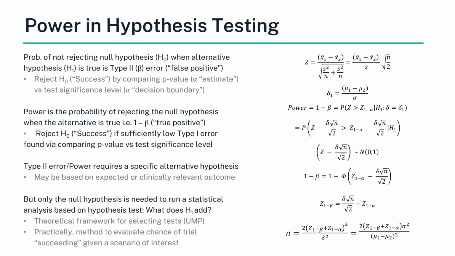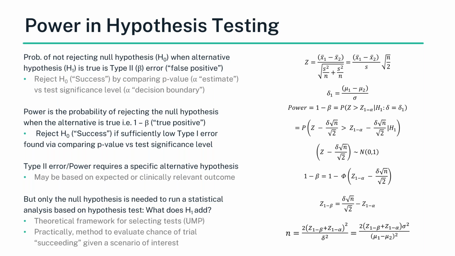The probability of not rejecting the null hypothesis, basically failing, quote unquote, when the alternative hypothesis is true, is our type 2 error. So just imagine a scenario. Now we're going to assume not that the null hypothesis is true, but that some alternative hypothesis is true. So let's say the effect size of mean difference is equal to 1 with some given variance. Let's assume that's true and actually clinically relevant, something that would be good to happen in our actual study.